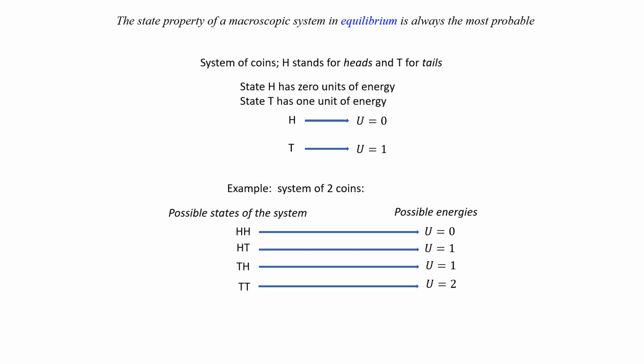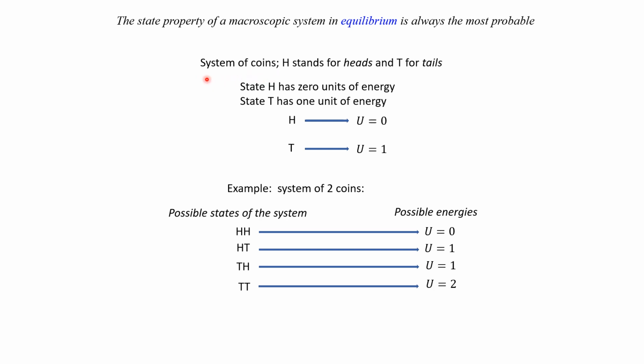In this course, the physical system we are interested in is an electron gas. But instead of using an electron gas to describe the main ideas, I will first use an artificial example which is very analogous to the electron gas. This artificial example is a system of coins.